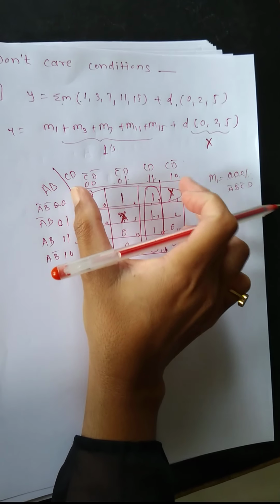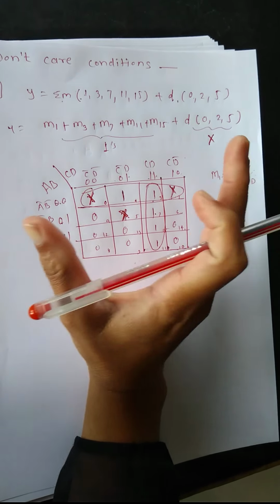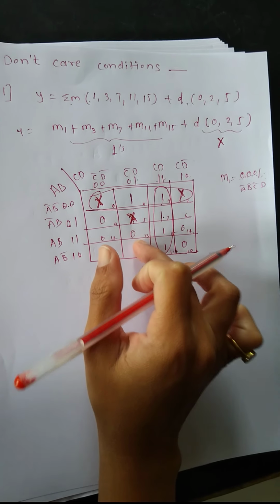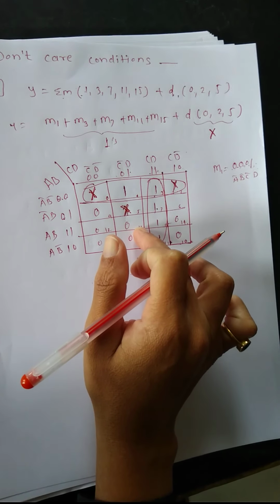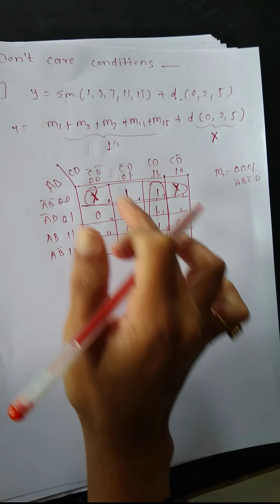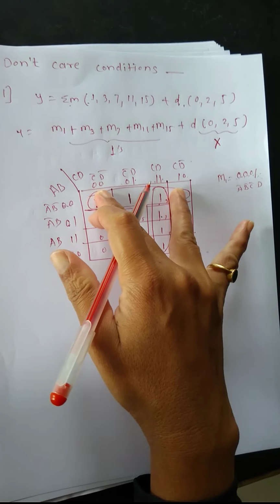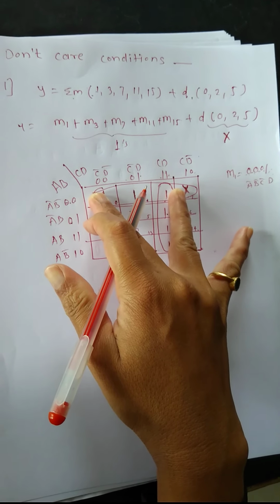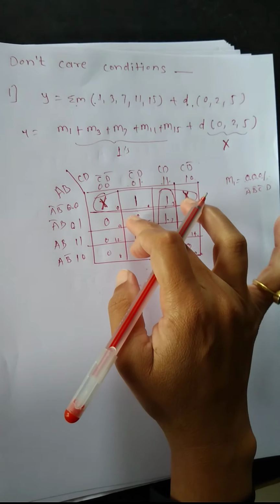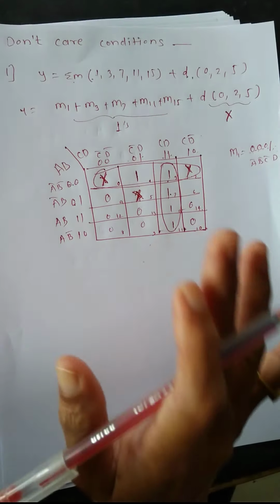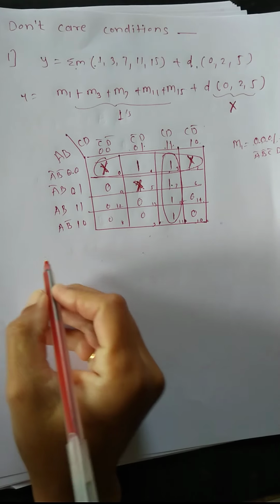So in such a situation we are free to assume 0 or 1 as output for each input combination, and these input conditions are known as don't care. For these two don't care marks we consider logic 1, and for this don't care logic 0.